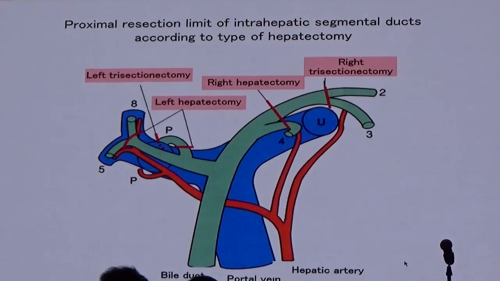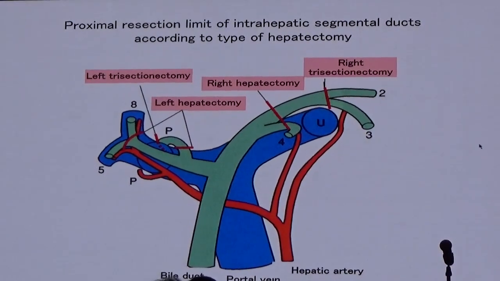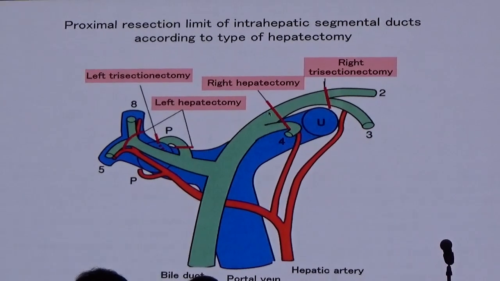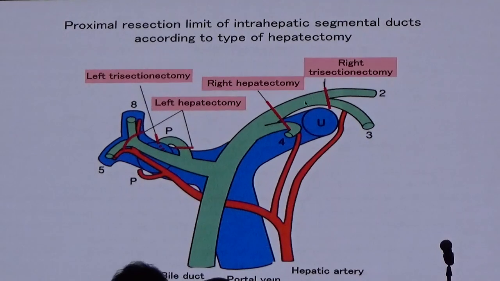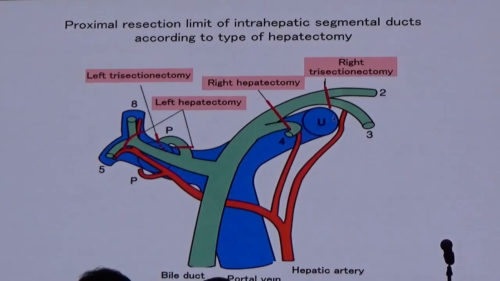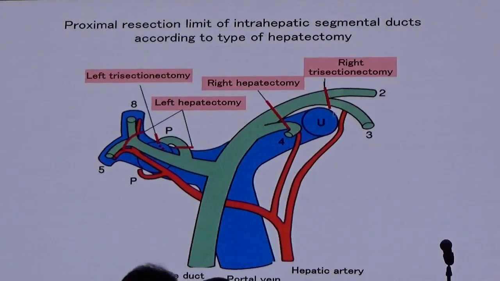In the case of right hepatectomy here, the resection line of the left hepatic duct was here, above the confluence of segment 4 and 2+3 ducts. In the case of right trisectionectomy, the resection line should be around the confluence of segment 2 and 3 ducts.